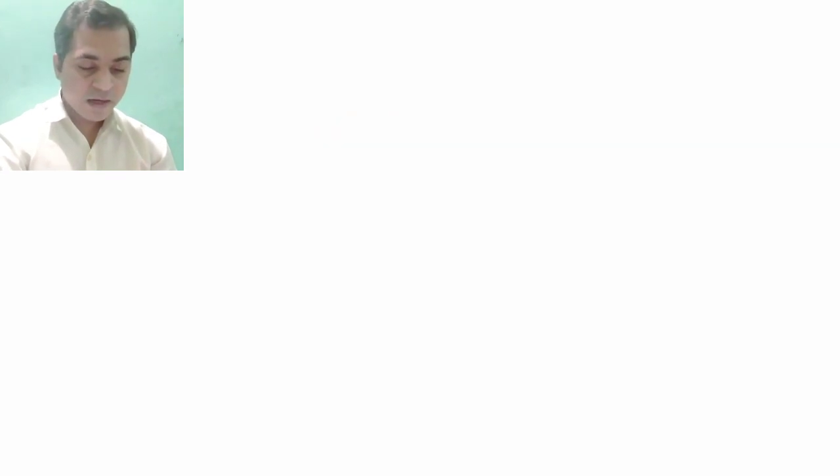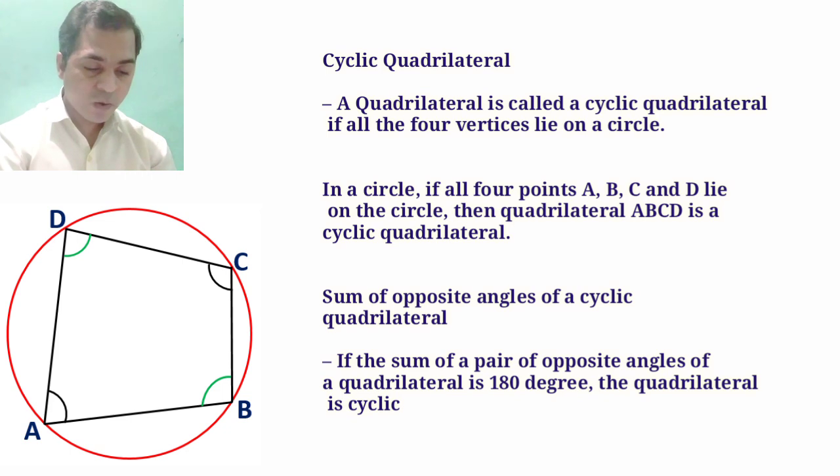Now the cyclic quadrilateral. A quadrilateral is called a cyclic quadrilateral if all 4 vertices lie on a circle. So students, in the given diagram you can see the picture of a cyclic quadrilateral.